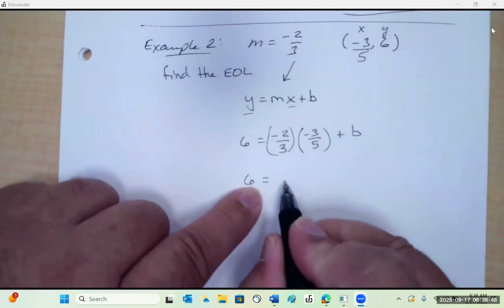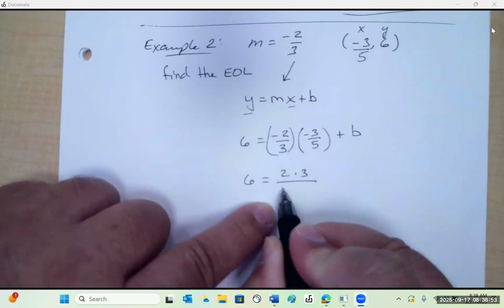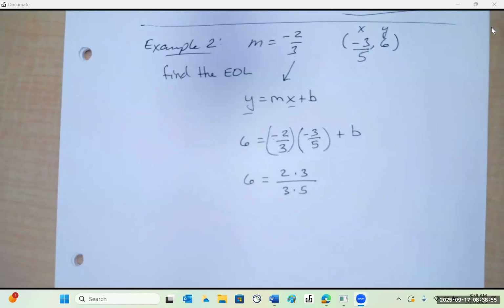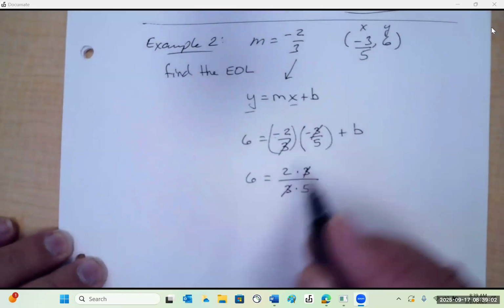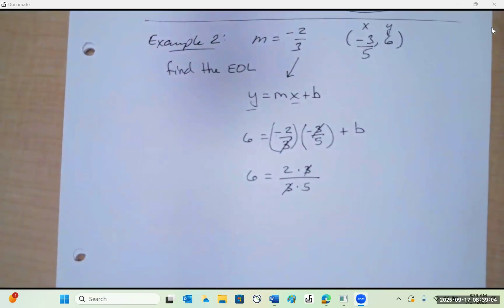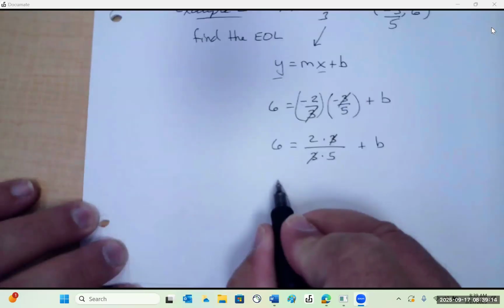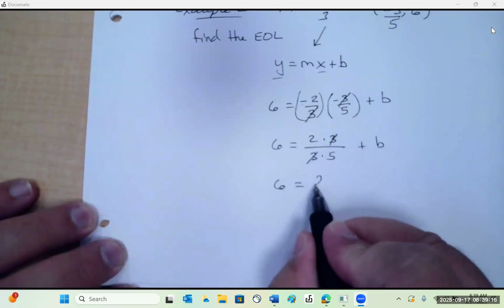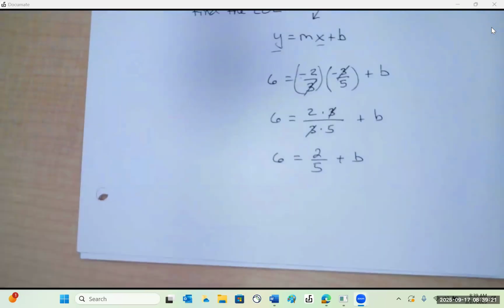So here we have a fraction. Since they're multiplied, we have 2 times 3 over 3 times 5. Is there anything that looks the same? The 3's can cancel. That's what I'm saying: when you have fractions, can anything on top and bottom cancel? Plus b. So we have 6 equals 2 on top, 5 on the bottom, plus b.